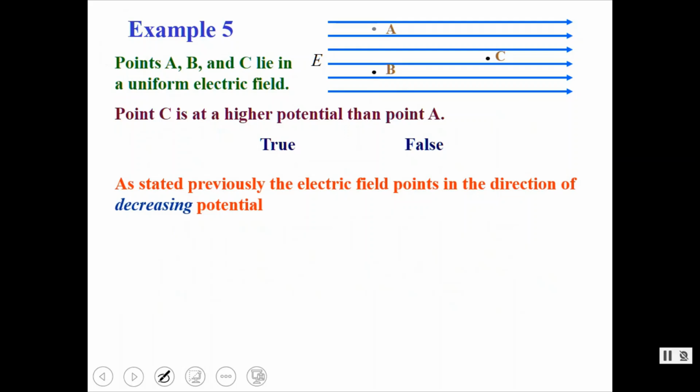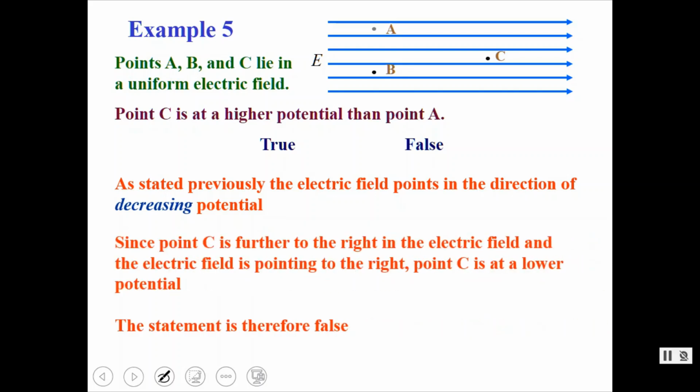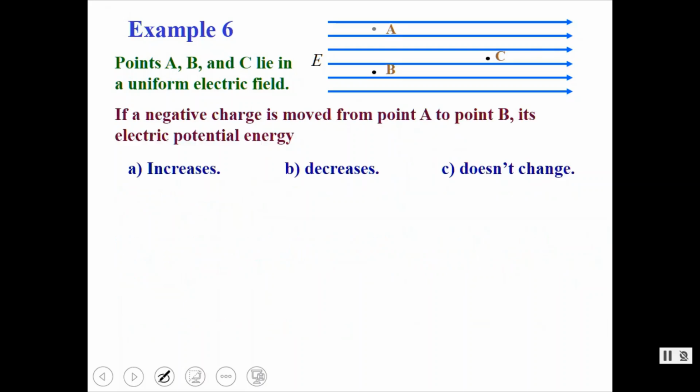The electric field points basically from B towards C. So therefore, C has to be at lower potential. So false. Nice qualitative questions. Like I said, those are questions you should have been able to answer before, so we're just reviewing here.